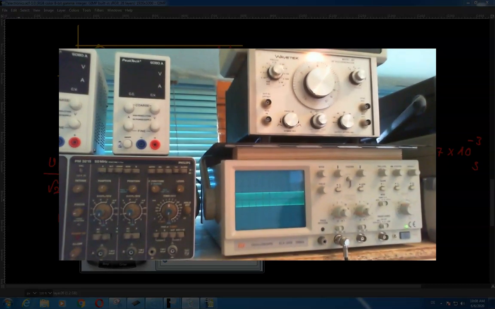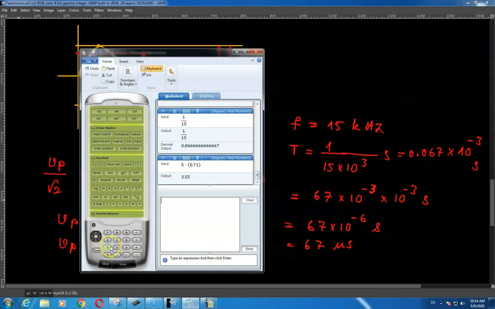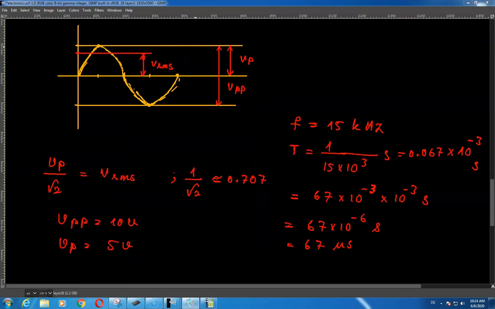And the reason why I'm saying that the period has to be 1 millisecond, let me actually show you why that is. I want to create a sine wave with frequency, for example, 1 kilohertz. 1 kilohertz is the same thing as 10 raised to the power 3 hertz, right?